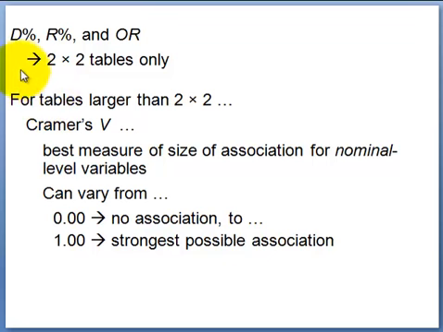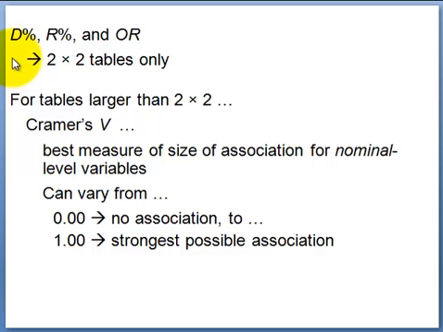So the discussion in that last slide was to convey informally how researchers peruse contingency tables to make a beginning judgment of size of association. But it would be great to have a measure of size of association that worked well for tables larger than 2 by 2. Recall that the difference in percentages, the risk ratio and the odds ratio all work for 2 by 2 tables.